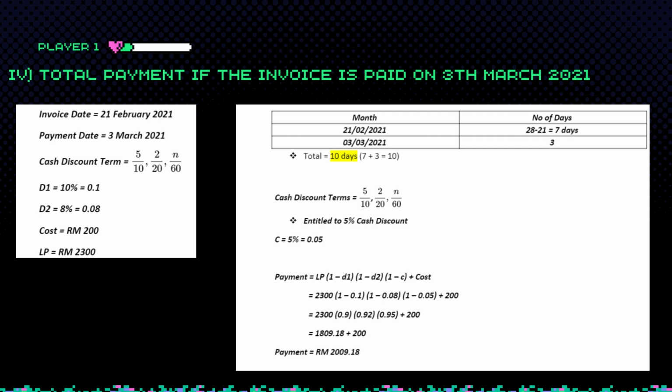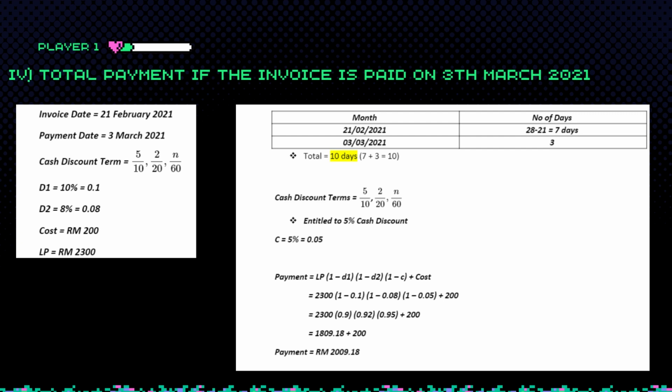Then 28 days minus 21, you will get 7 days. Thus 7 days plus 3, the total number of days is 10 days. In the cash discount terms, between 1 to 10 days, you will get 5% cash discount. So C is equal to 5%.